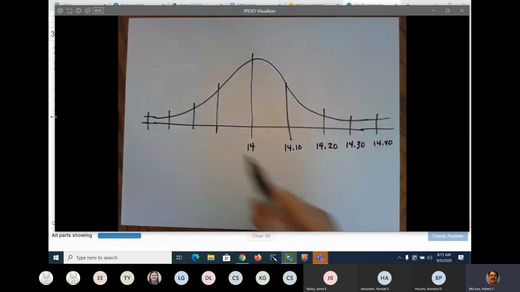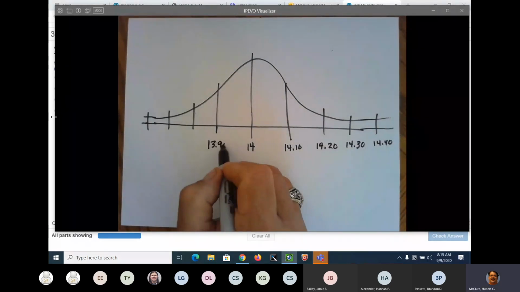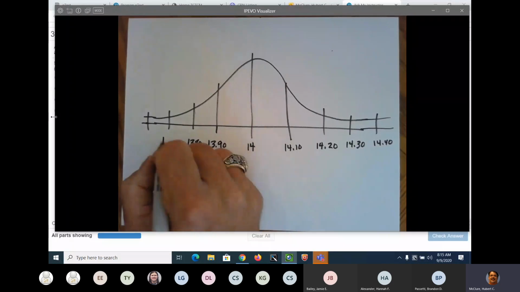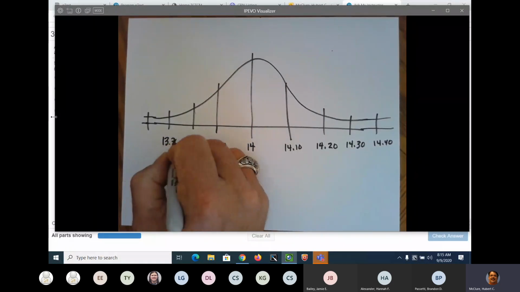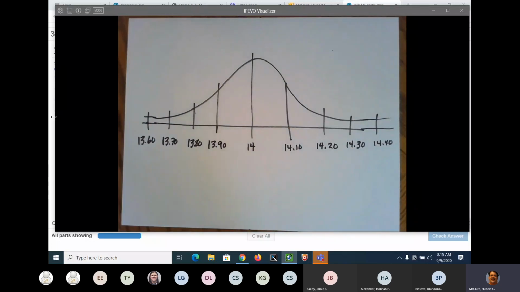And then over here, it's going to be 13.9, 13.8, 13.7, and 13.6. Now with 4 standard deviations, it's going to be hard to, unless they want you to change it to a z-score, and we might have to do that.